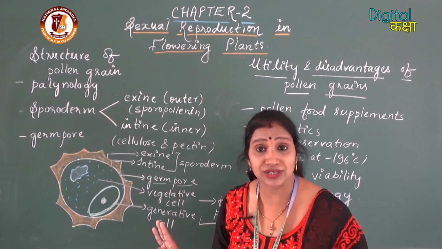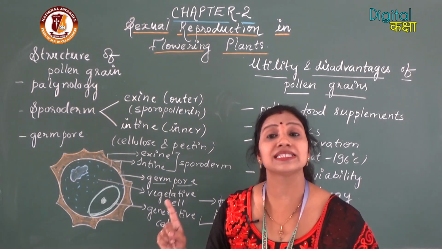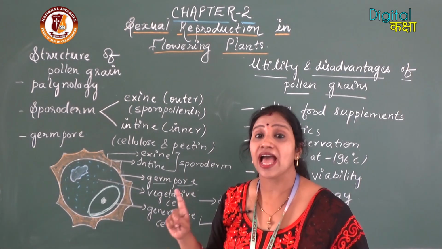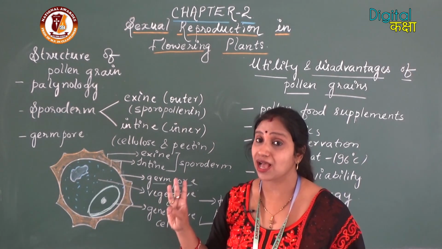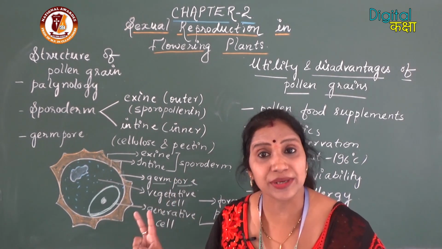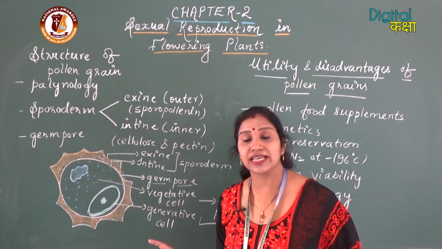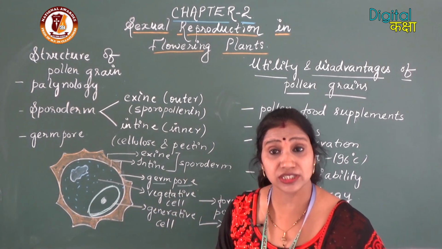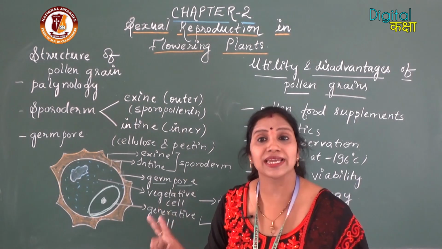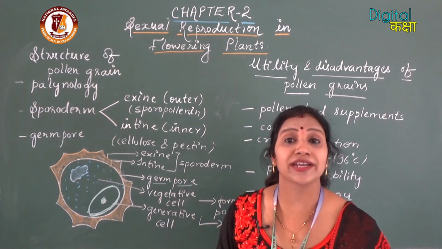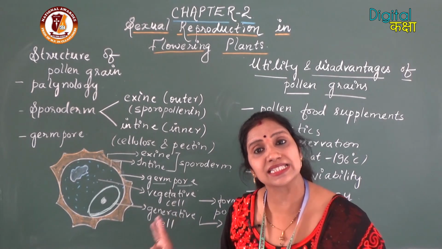So what are the three cells? Number 1 is the vegetative cell, and number 2 and 3 are the two male gametes. Before shedding of the pollen grain, the generative cell will divide by mitosis to form two male gametes. So that is called the three-celled stage.